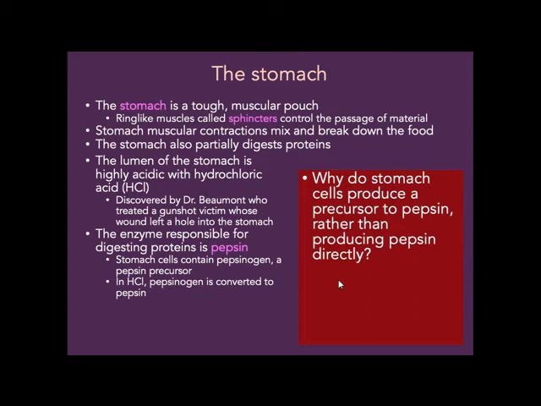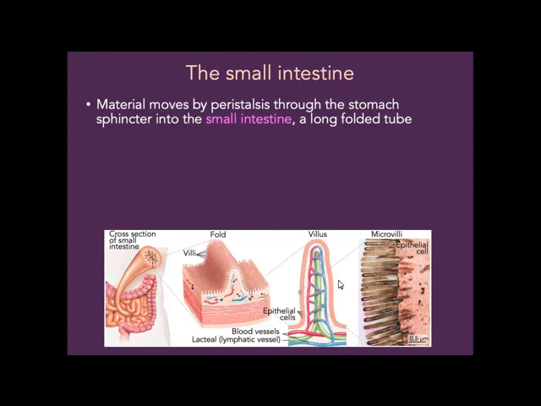Oh, the cell will get digested. That's so gross. Yeah. So the stomach cells have to produce the precursor to pepsin, pepsinogen, and then put that in the hydrochloric acid so that it can get converted to pepsin outside of the cells. Again, that prevents destruction of proteins in the cells where the enzyme is actually made.